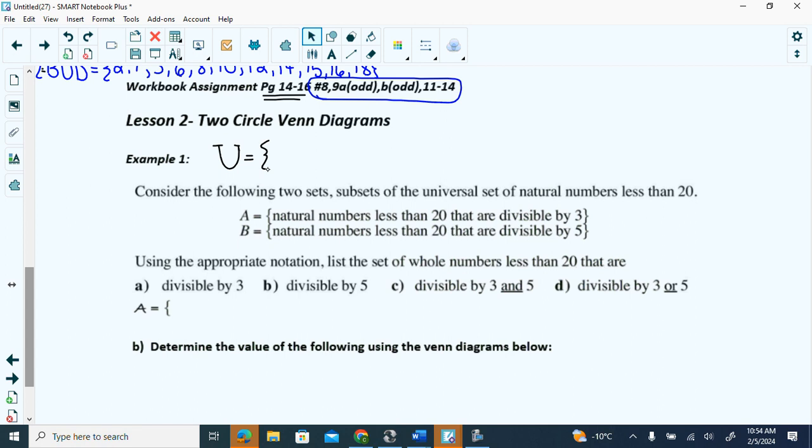If I'm writing it every single semester, you can write it too. Okay, we're writing it together. So pick up your pencils and write. Universal set of numbers less than 20. So we have 1, 2, 3, 4, 5, 6, 7, 8, 9, 10, 11, 12, 13, 14, 15, 16, 17, 18.